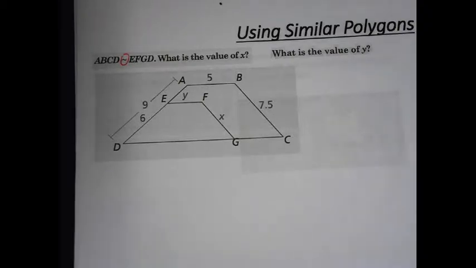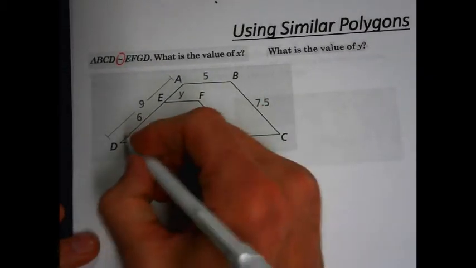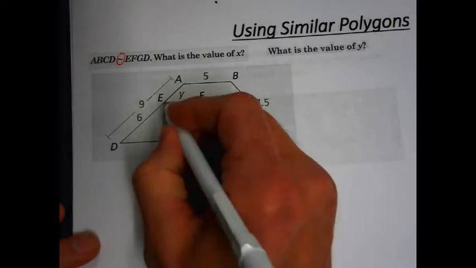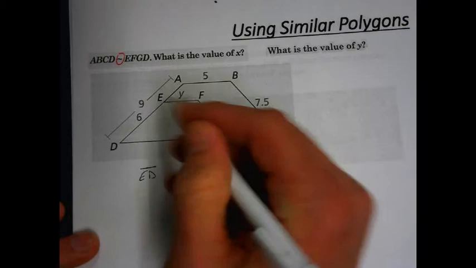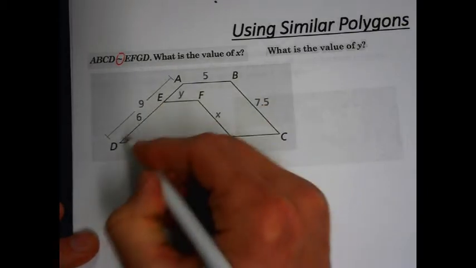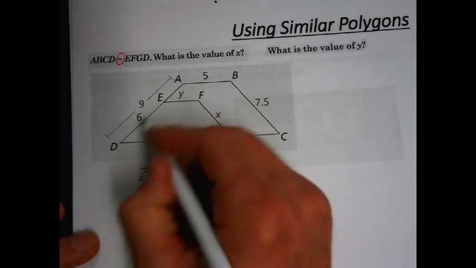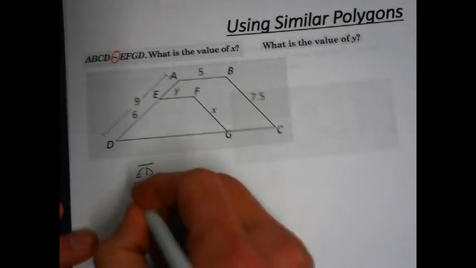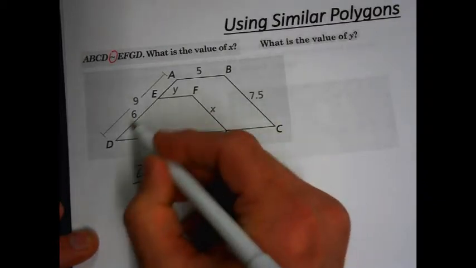So what this means is that we can set up a whole bunch of proportions on the sides. In the small polygon, we have side ED. We can compare that to the same side in the large polygon, which is AD, or DA, it doesn't matter. So we have a comparison of ED to AD.